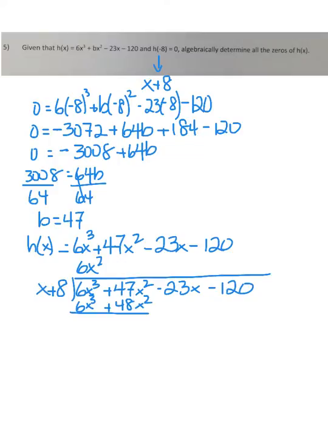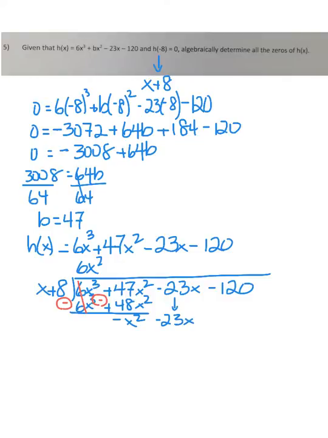Okay, so let's change and circle, and my first terms cancel out. All right, so let's combine like terms, and I end up with a negative x squared. And I'm going to bring down that 23x.